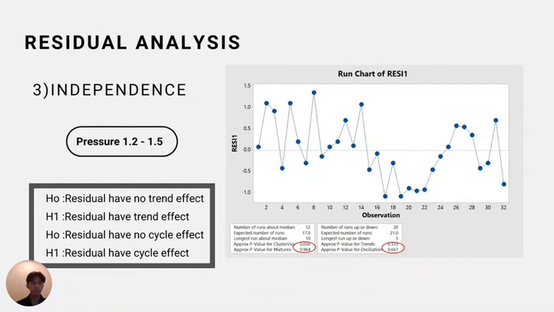Test for independence. We check the p-value for trend and oscillation. If the p-value is more than alpha, we assume it's okay. Fail to reject the hypothesis H0, so there is still no trend effect and no cycle effect.